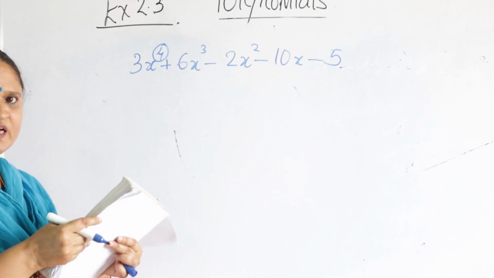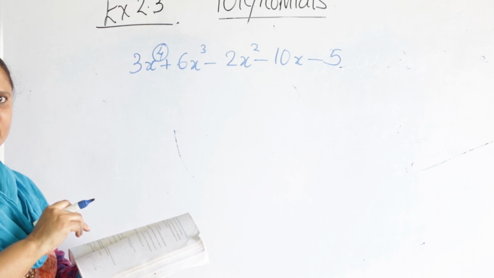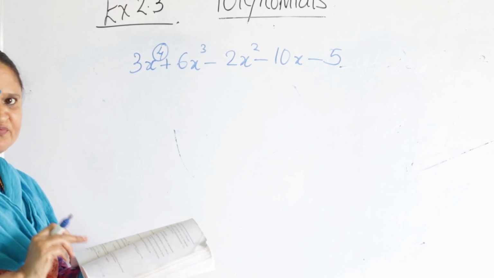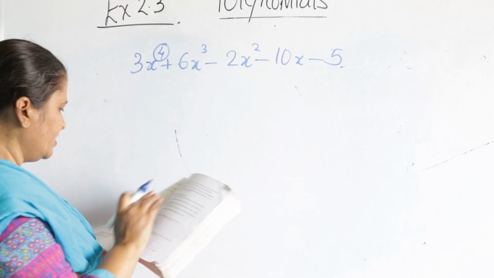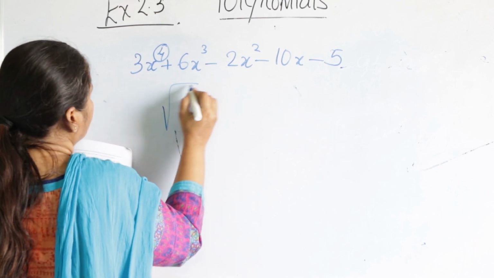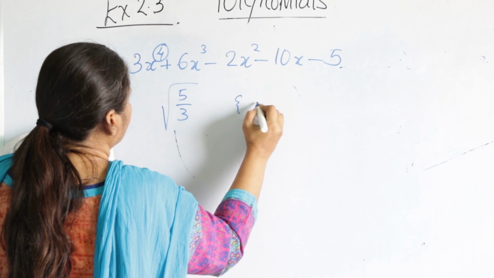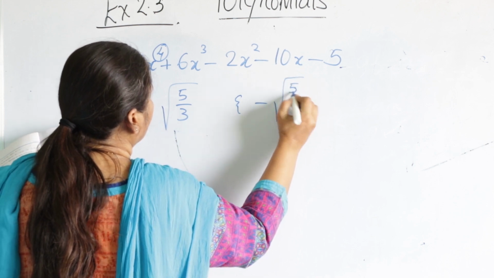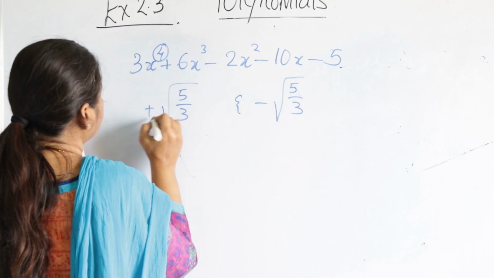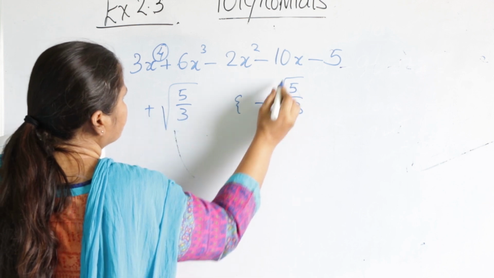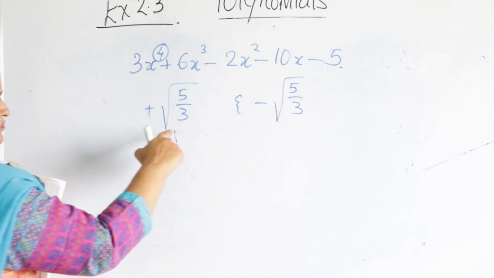Now let us see how many zeros they have given and how many zeros we have to find. They have given root of 5 by 3 and minus root of 5 by 3.